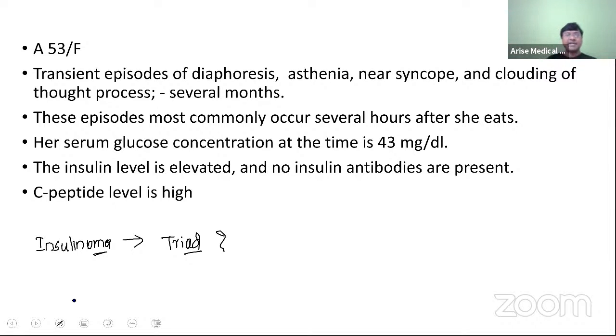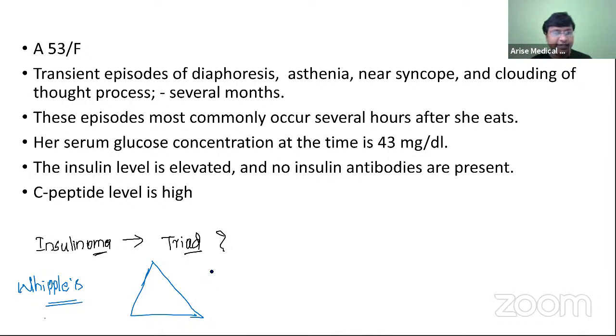It is characterized by a triad. What is the triad of insulinoma? This particular triad of insulinoma, we call it Whipple's triad.